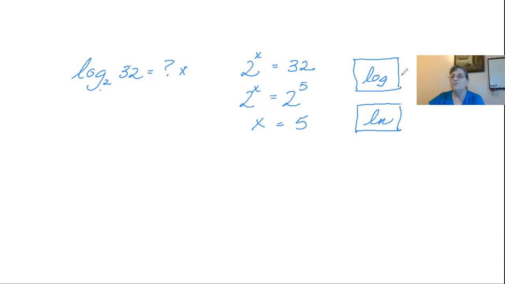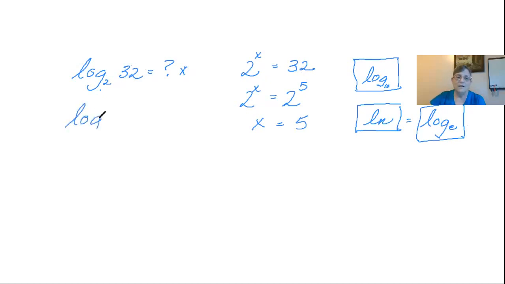This is a log base 10. So this is automatically a base 10. This is the same thing as log base e. We're going to talk about how to use the calculator later. But for the time being, I want you to get used to being able to work with logs by connecting them with exponents.